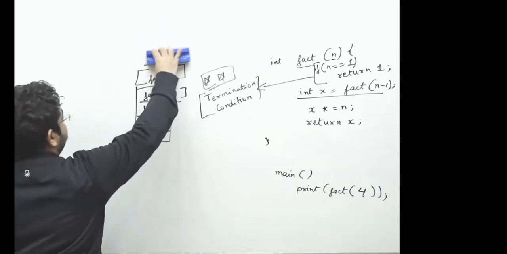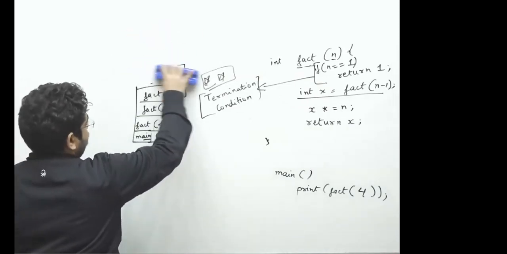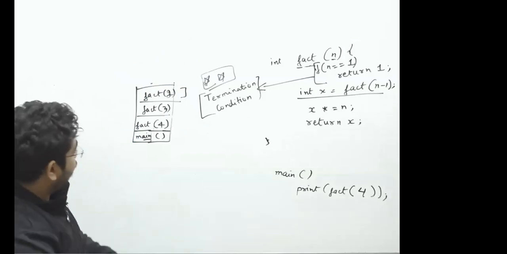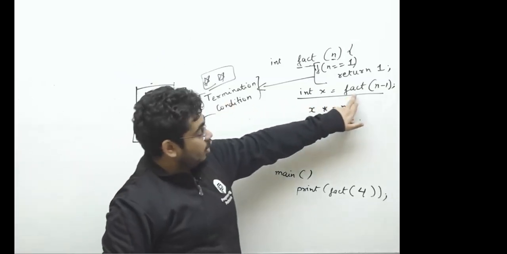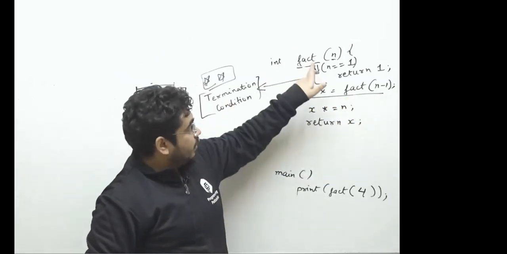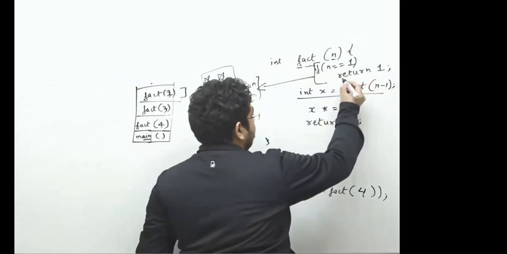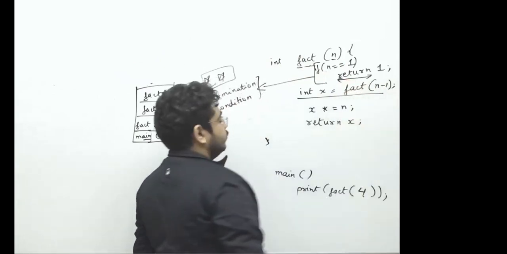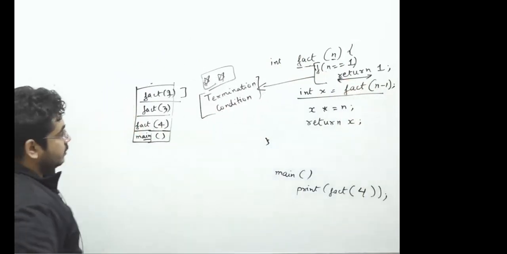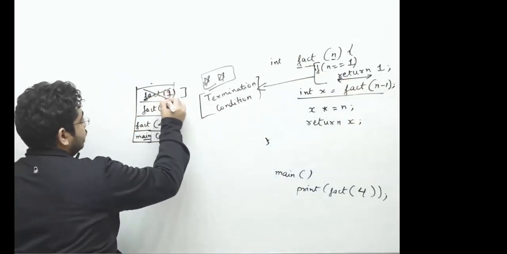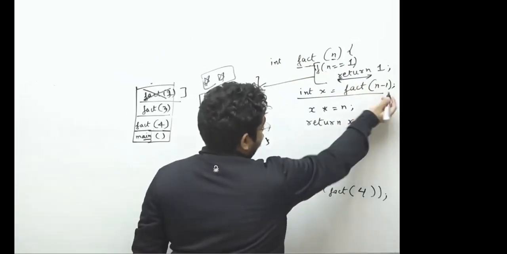Okay, so basically, we stop here. Factorial of 2 called factorial of 1. Factorial of 1 simply returned 1. Now, return comes. That means one thing is removed from here and we'll start where we left off.